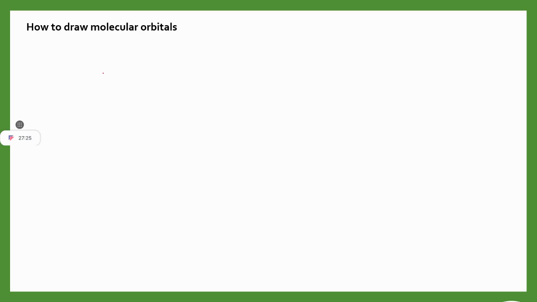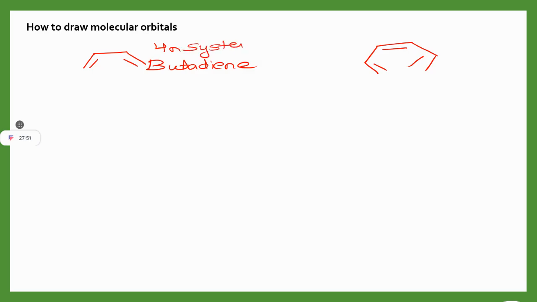So if you consider two main molecules, the first one is your butadiene, and this is your hexa-1,3,5-triene. Since butadiene has 4 pi electrons, it is a 4n system, and this has 4n plus 2.